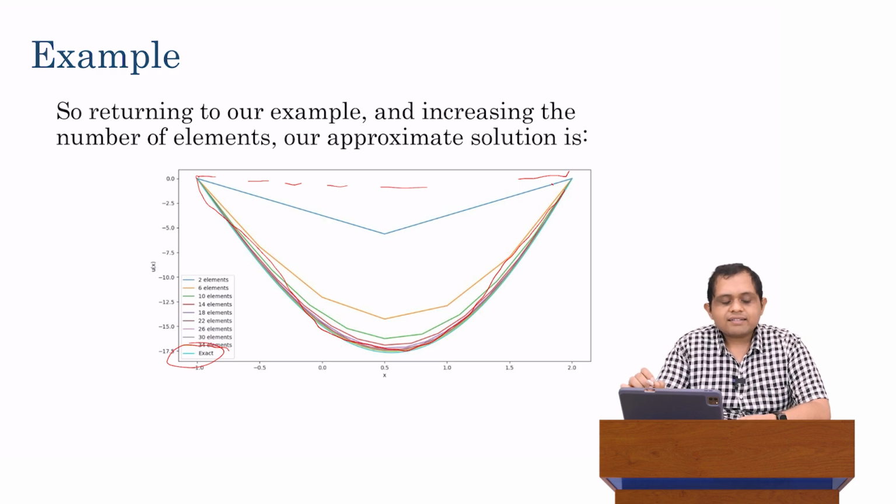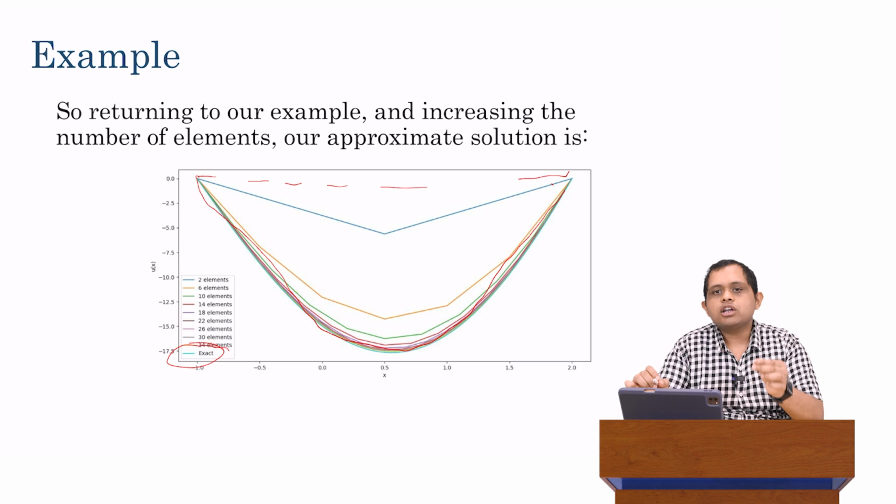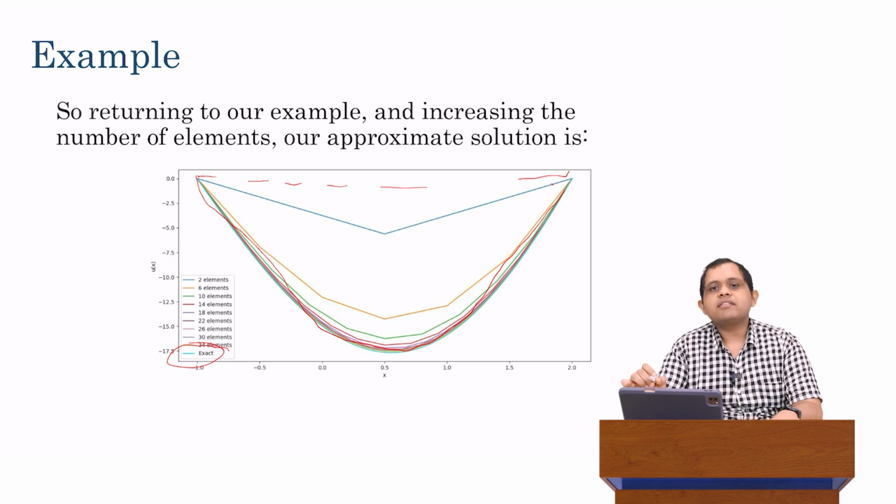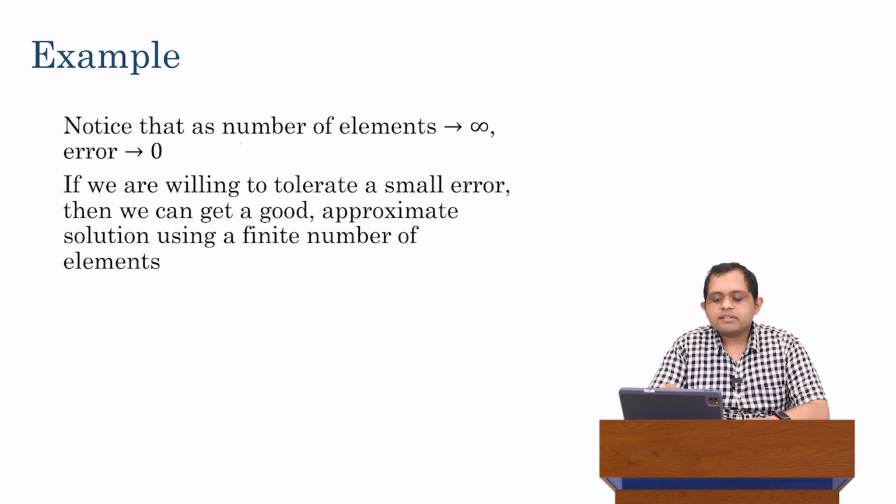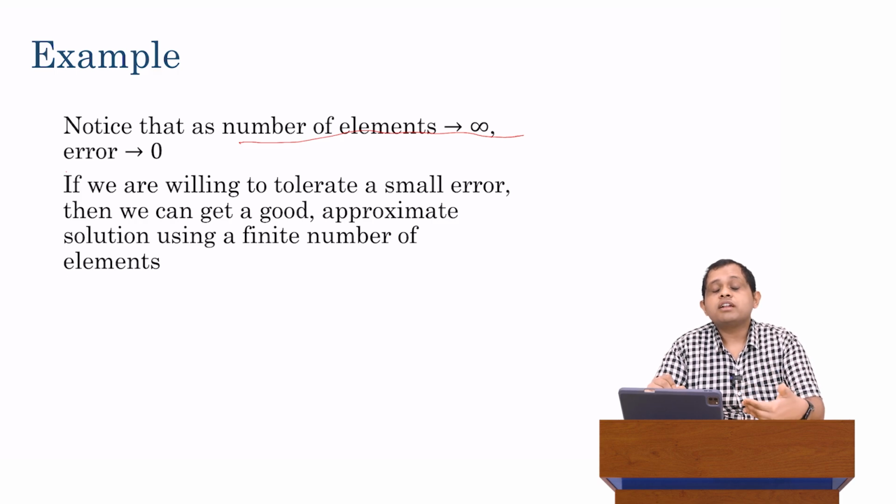So what you see is that as I increase the number of elements, I'm getting very close. I'm never exact, but I'm getting very close to the analytical solution. Another way to say it is, as the number of elements tends to infinity, the error tends to 0.